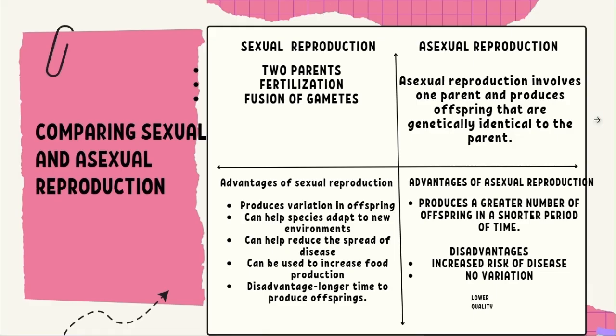Okay, so basically, let us compare them more in depth. You have sexual reproduction and asexual reproduction. What we want to see are both the advantages and the disadvantages of each type of reproduction. In sexual reproduction, obviously we said before that it involves 2 parents, fusion of gametes, fertilization, all that stuff is going to happen.